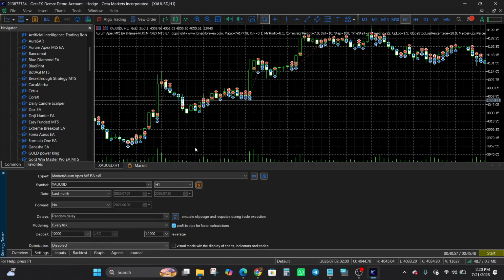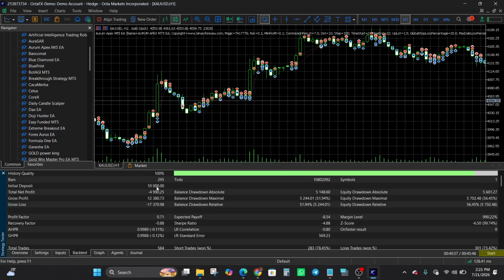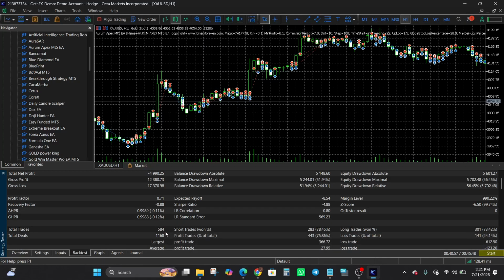All right, so looking at the completed trade history, the backtest covered a period from July 1st to July 20th, 2026, starting with an initial balance of $10,000. Over this approximately 20-day span, the EA executed 584 total trades, reflecting a very active, high-frequency trading behavior.